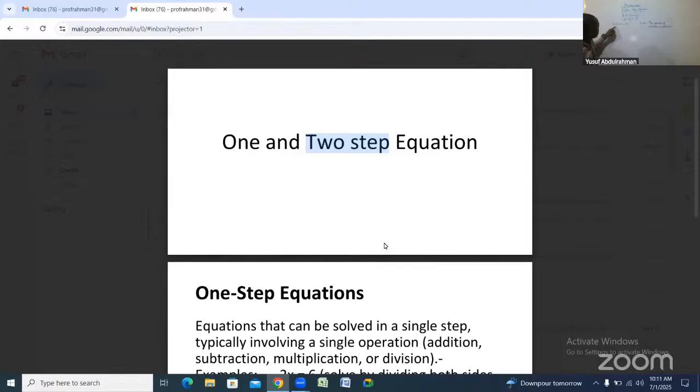Because I know that this is addition, I'm going to subtract this number, subtract 5, from both sides. And that means we have x plus 5 minus 5 equals 10 minus 5. Do you understand?